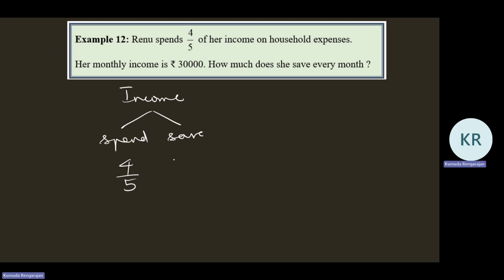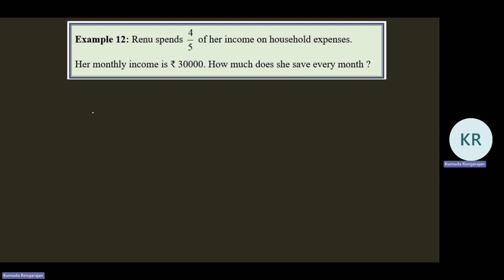I'm asking the fraction. 1 by 5, because 1 minus 4 by 5. So how do you calculate that? 1 is 5 by 5 minus 4 by 5, which is 1 by 5.